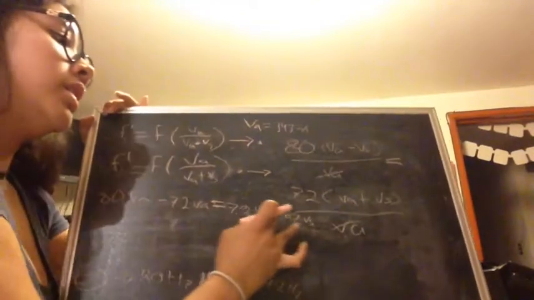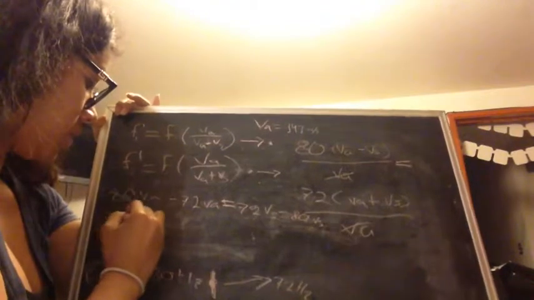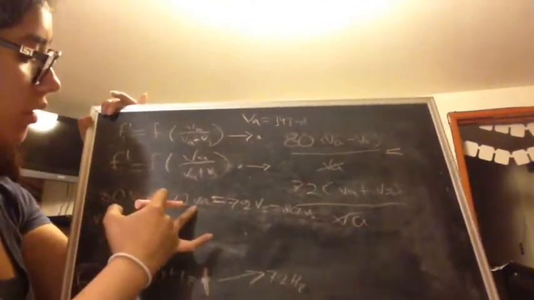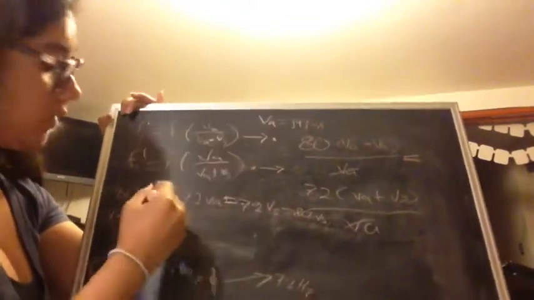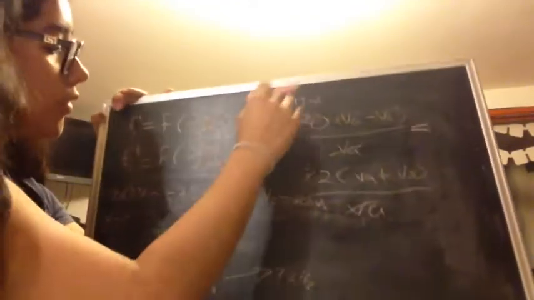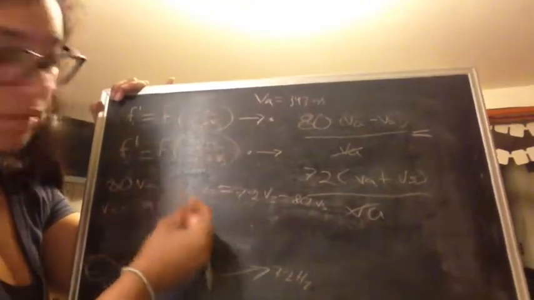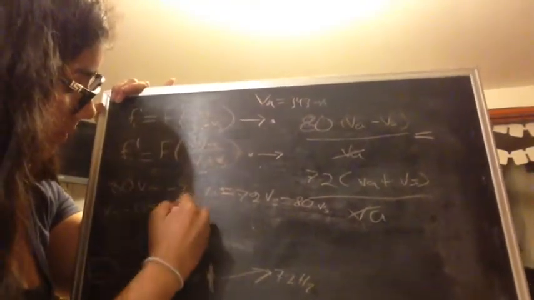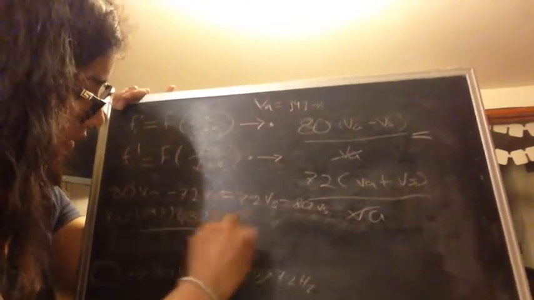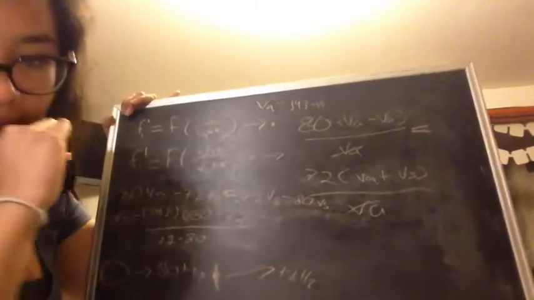What we want is the VS, so we treat the rest as a constant. The velocity of sound on earth, as we have seen, is 343 meters per second. So we're going to have 343 multiplied by 80 minus 72 over 72 minus 80.